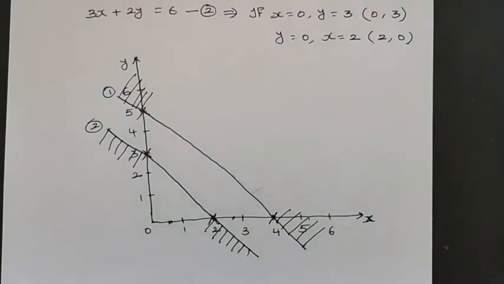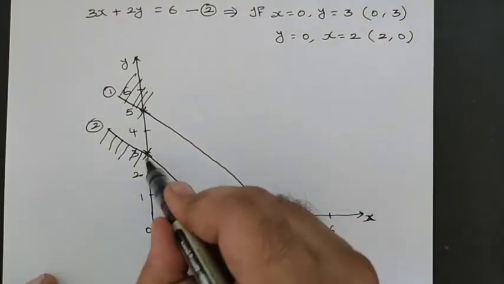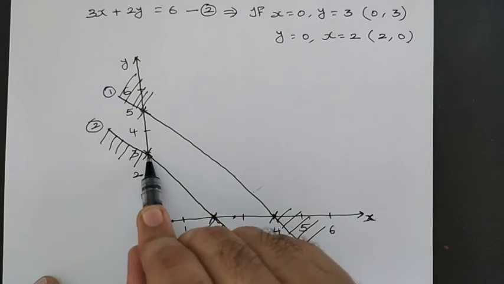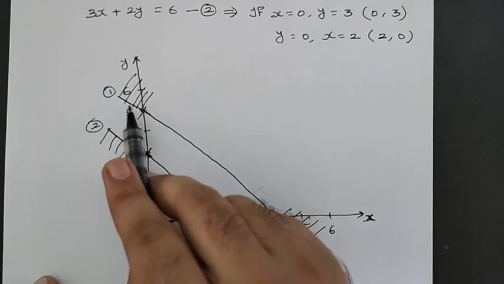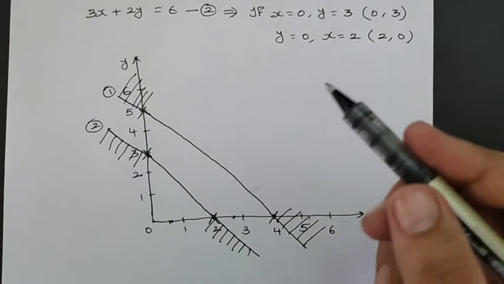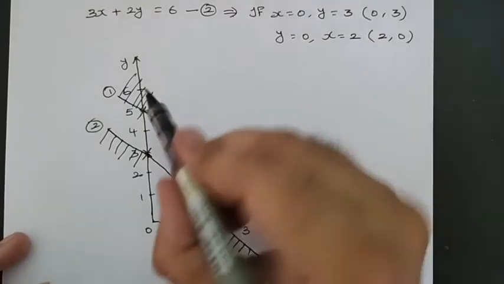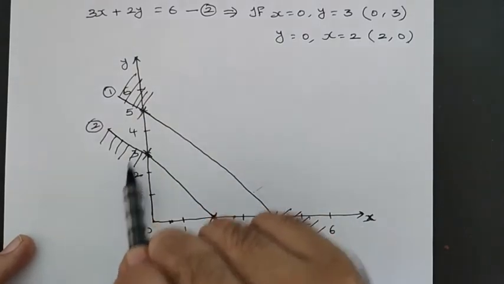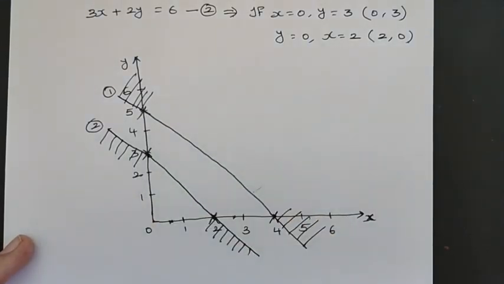Otherwise I will take a point here, the point is on the line 2 but it is not above the 1, so the condition is not satisfied. Or I will take a point here, the point is on 1 but it is not below 2, the condition is not satisfied.